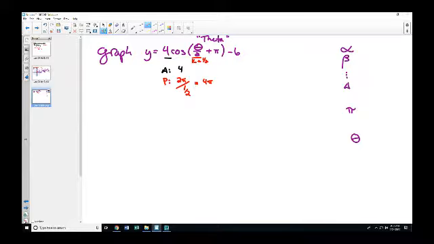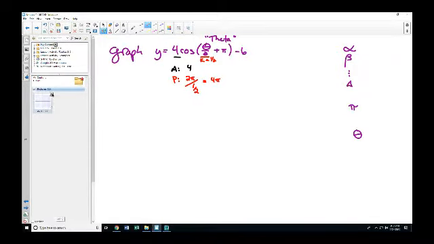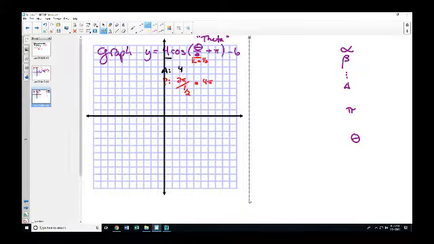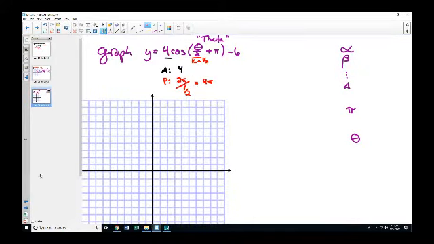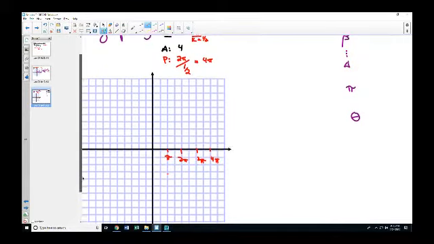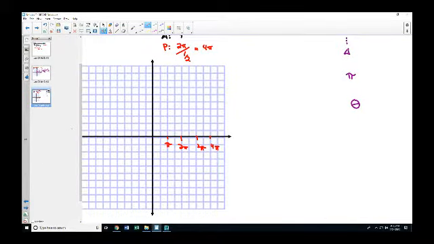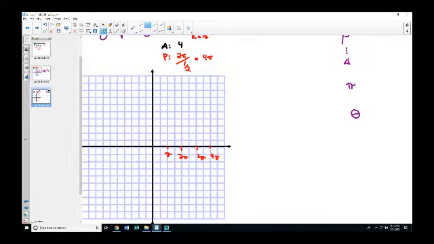That's where you should start. Scale it so that we can fit everything. So your period's 4 pi. The amplitude is 4.